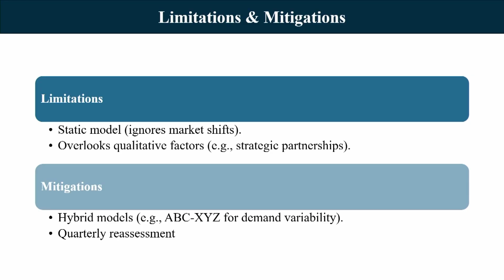When we talk about mitigation, it includes hybrid models like combining ABC with XYZ analysis of demand variability. Basically, XYZ categorizes by predictability. The X category is considered to be stable, Y is considered to be variable and Z is considered to be erratic, right.